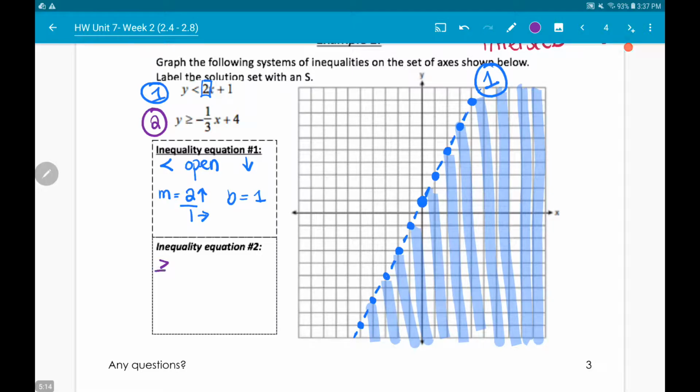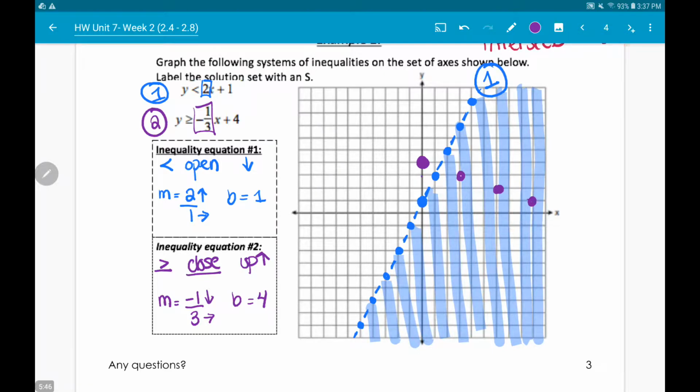And now we're working with a greater than or equal to. So I said that word equal, that means my line is going to be closed or solid. And greater means I'm going to be shading up. The slope is -1/3. That means down 1/3. And my y-intercept is 4. So I'm going to go to +4 to start. And my slope told me I'm going to go down 1 space and to the right 3.